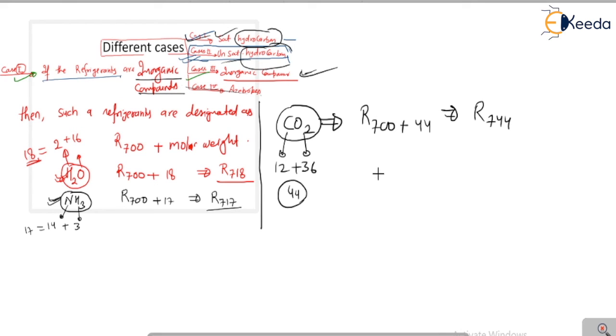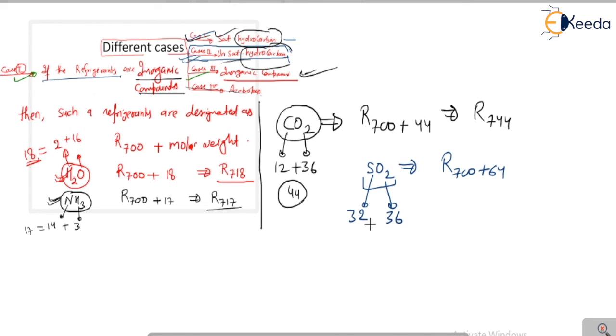This is very easy pattern. Now if we want to write SO2 in the form of a special designation, that means R700 plus the molecular weight of sulfur dioxide. So the total molecular weight of sulfur dioxide is nothing but what? 64. Is it right? That means the molecular weight of sulfur is 32 and the molecular weight of oxygen, that means O2, is 32. Here some mistake, sorry.